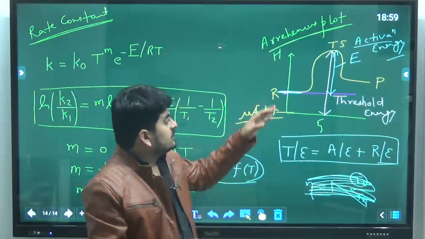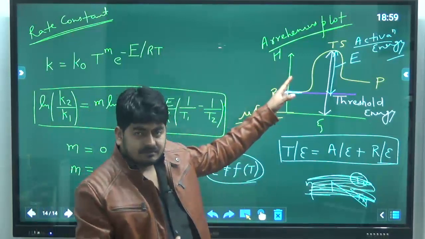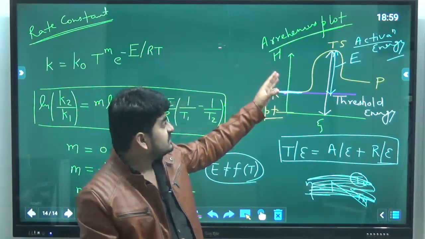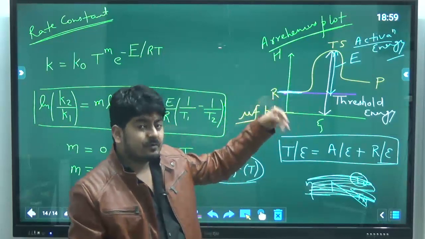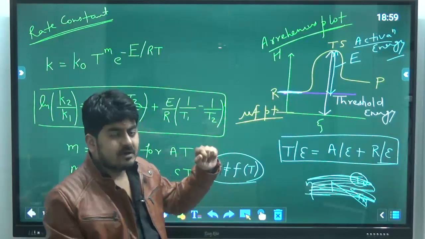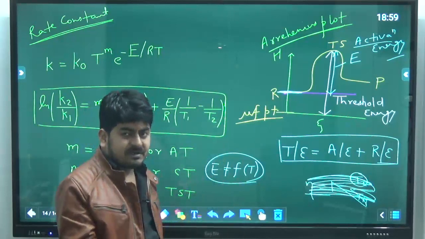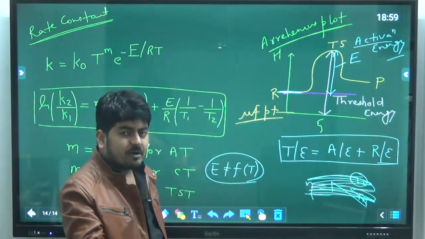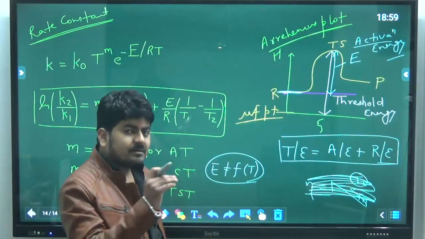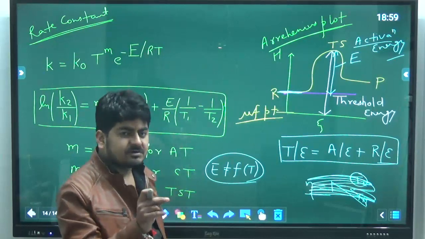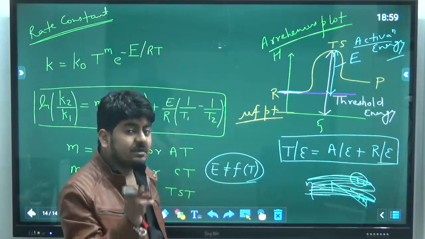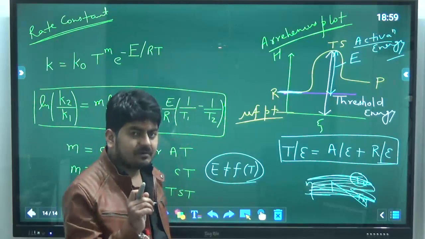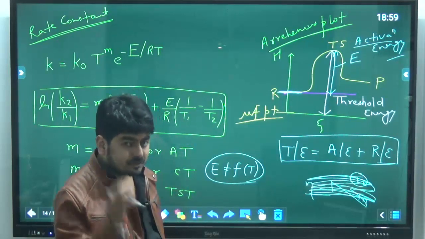Transition state molecules can go from transition state to product, but they can't go from product to transition state. Obviously, whenever I want a chemical reaction, I will provide the operating conditions such that reactant is converting into product. I will not provide the condition to convert product into reactant. So that thing should be clear in your mind.